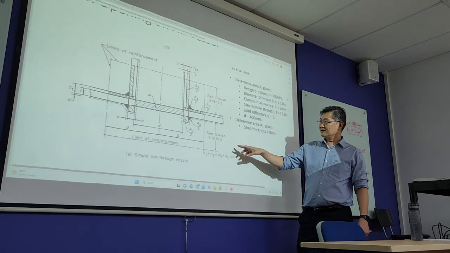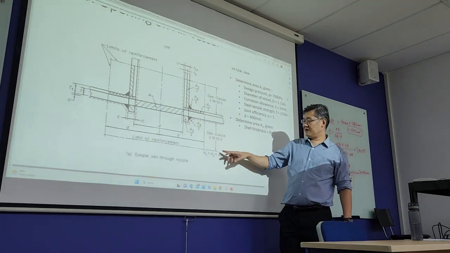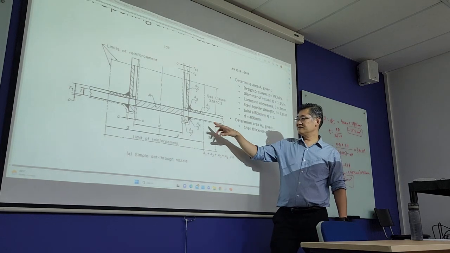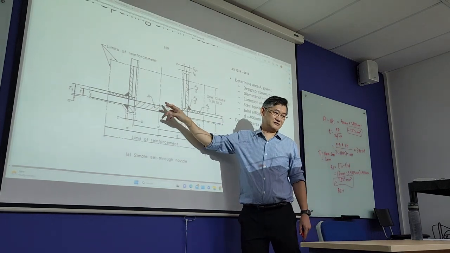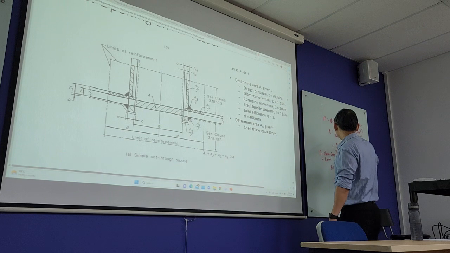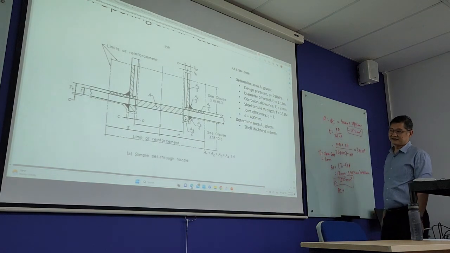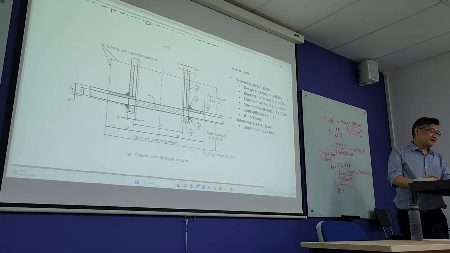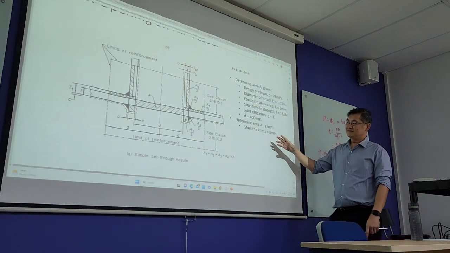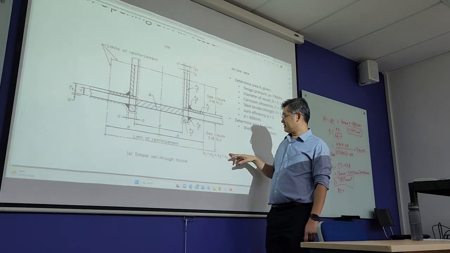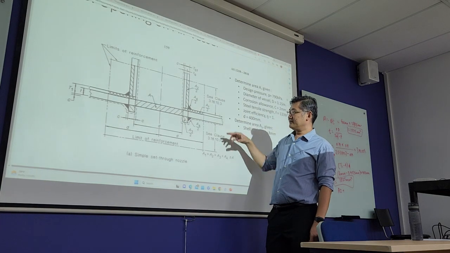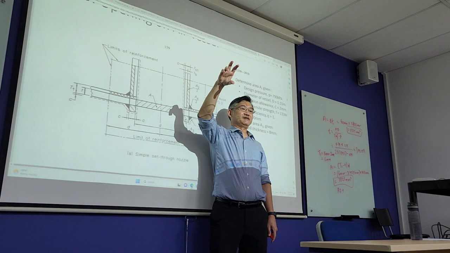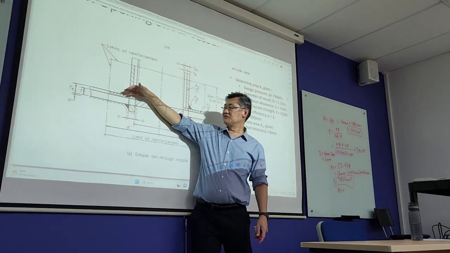Important is, after you calculate all the areas, A1, A2, A3, A4 must be greater than this, 1375 mm square. During the exam, if this area is smaller than A, then you have to include the reinforcing ring on top of this.